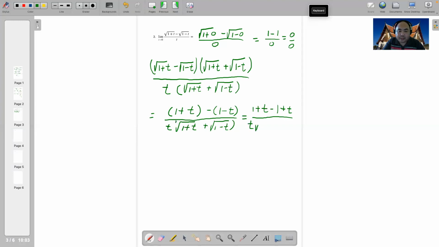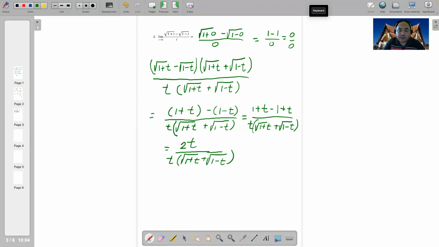Oh, by the way, I forgot to put parentheses here. All right, the parenthesis, square root of 1 plus t plus square root of 1 minus t. And therefore, the numerator will now become 2t, all right, all over t times square root of 1 plus t plus square root of 1 minus t.